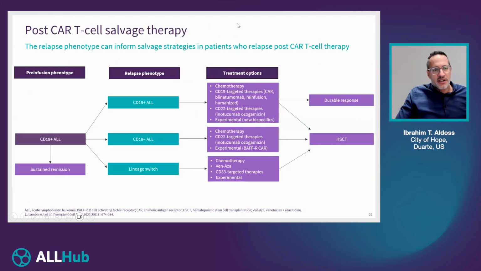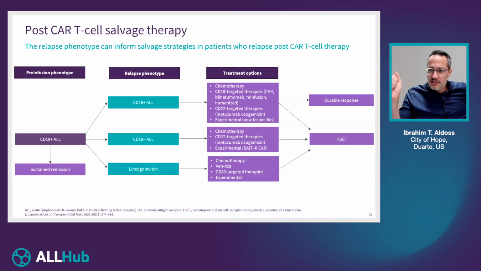Yeah, so the concern is relapse after CAR, and the phenotype will determine subsequent treatment. If it is a CD19-positive relapse, the question is, what do you do? Chemotherapy: if you reach the point where you receive CAR T cell therapy for relapsed refractory disease, chemotherapy is unlikely to be effective after relapsing from CAR.